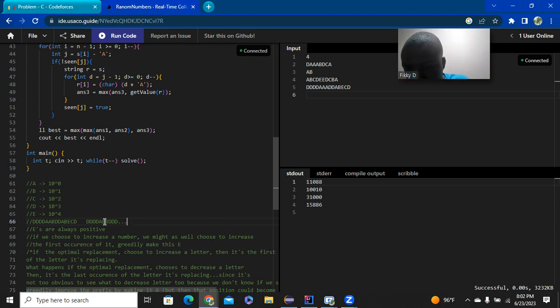So the idea is that if you replace some letter with B, think about it: what letters get affected is the question. That's what we're thinking about, because a replacement affects a string. So what positions get affected? Can the positions to the right of B get affected? No, they can't, because the sign of a number only depends on the characters to its right.